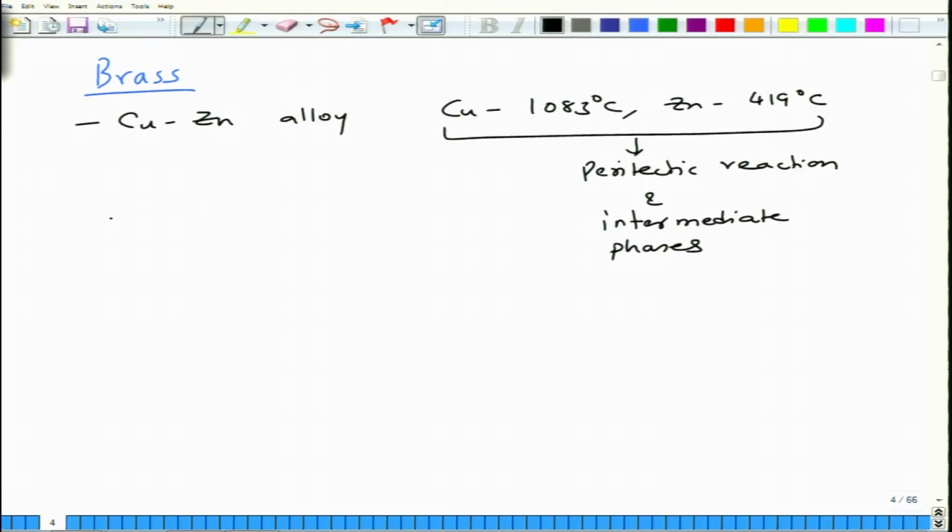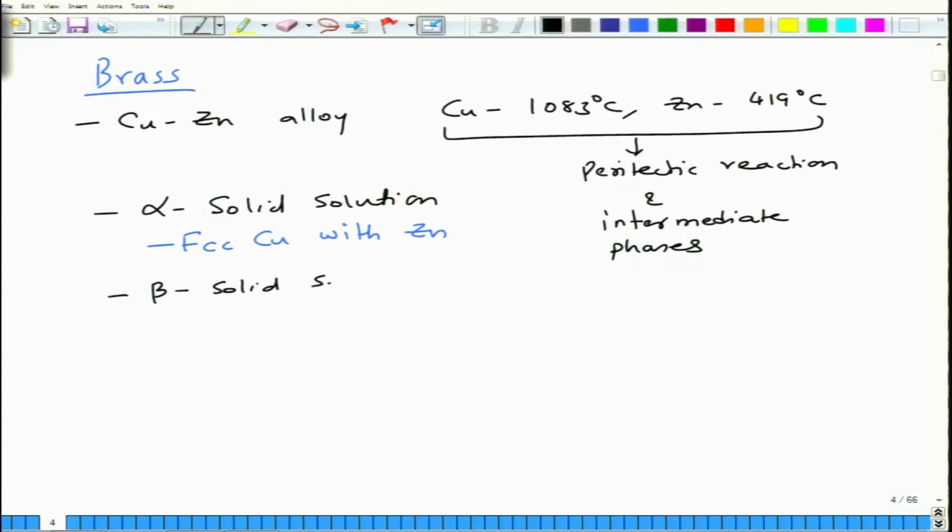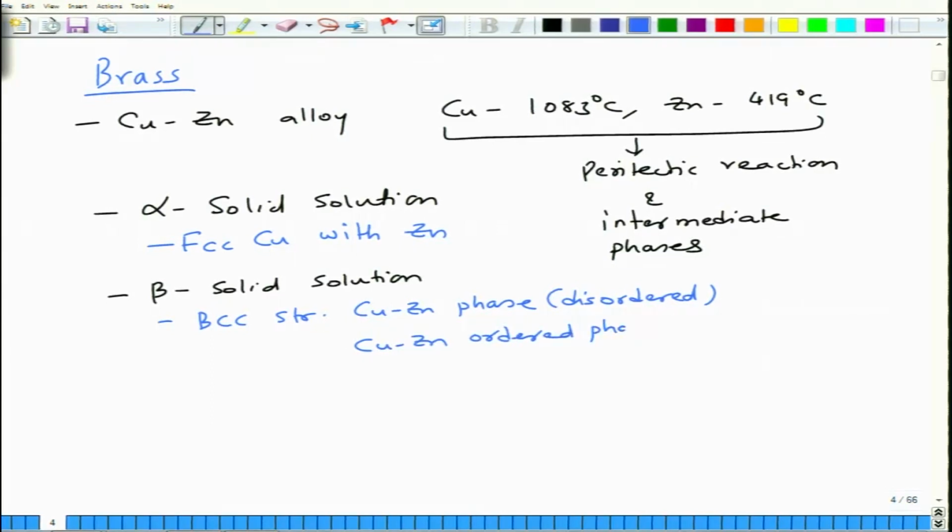So, they have different crystal structures as well. There are basically 3 compounds. First is the alpha solid solution, which is essentially FCC copper with some zinc, and then you have the beta phase, which is essentially a BCC structured CuZn phase in disordered form, or it could be just the CuZn ordered phase, which is cubic.